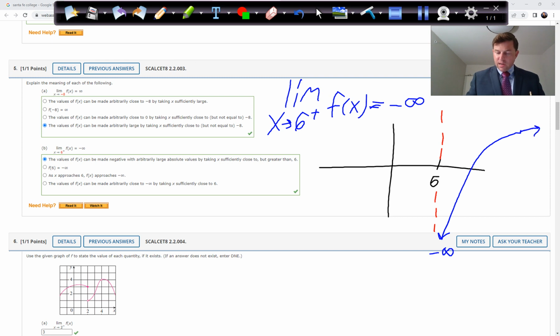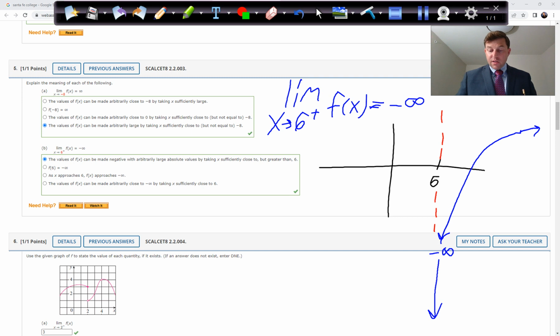So as we approach, and I draw an arrow here because the function could keep going to the right for whatever it looks like. All I know is that as I move right to left, as I get closer and closer to positive 6, the y value of the function is going to go down and down and down. So it keeps going down until minus infinity.